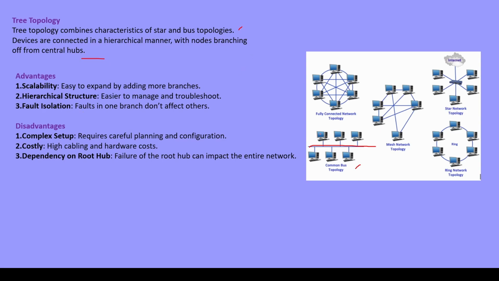The advantage is that it is easy to expand by adding more branches. Suppose we want to add one more node; we can easily add it, no problem. In a bus topology, we would need to cut the cable and install it, which wastes a lot of time. So you can easily add more nodes, and the hierarchical structure gives fault isolation. What is the disadvantage? Complex setups require careful planning and configuration, and it is costly, with high cabling costs depending on routers and extras.